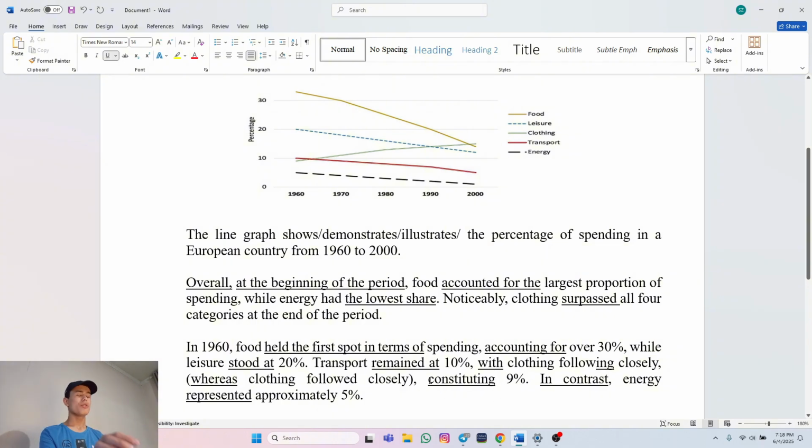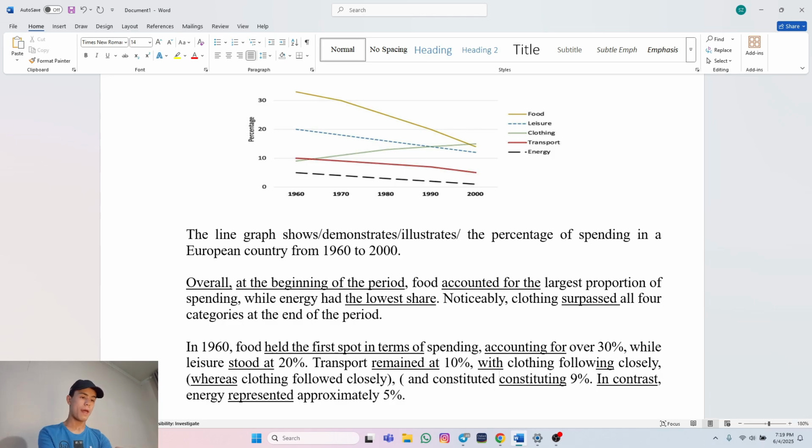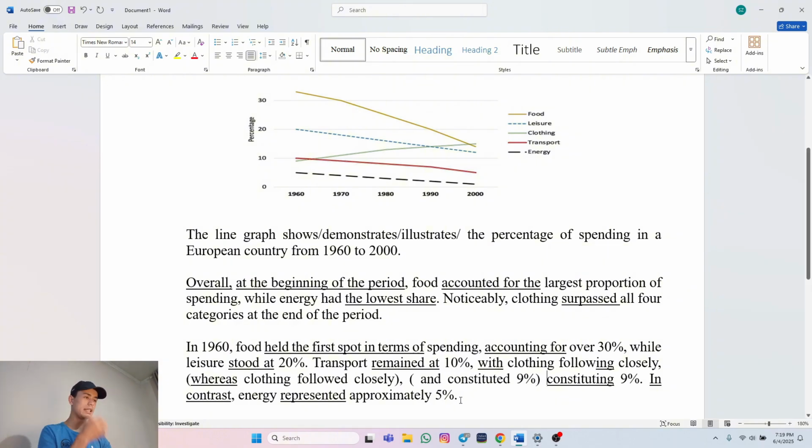Or you can also write like this: "and following closely" or "followed closely and constituted 9%". Instead of writing like this, we have improved our language, like constituting instead of adding "and".